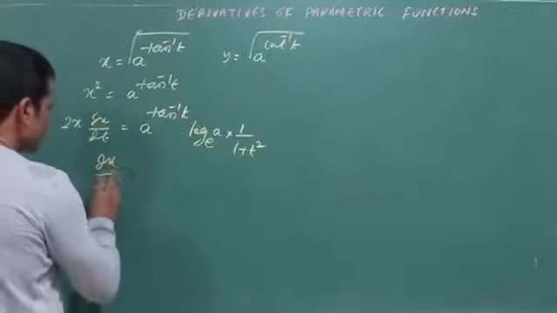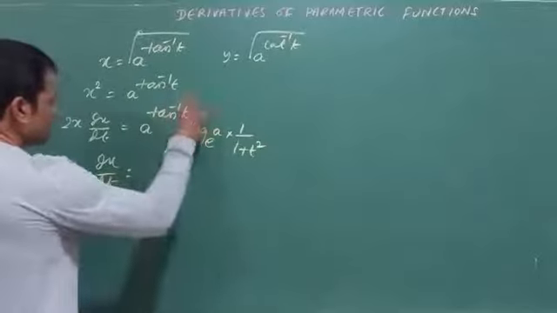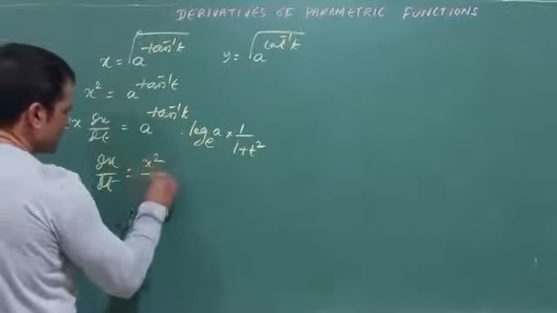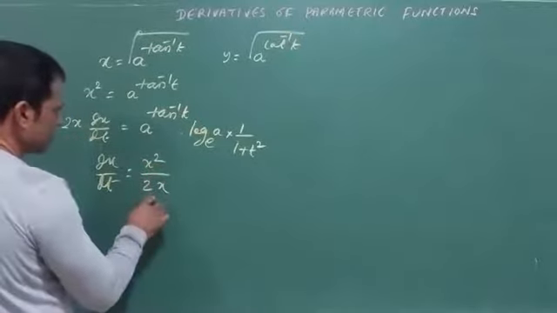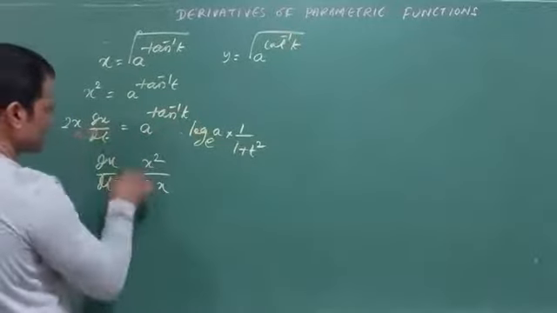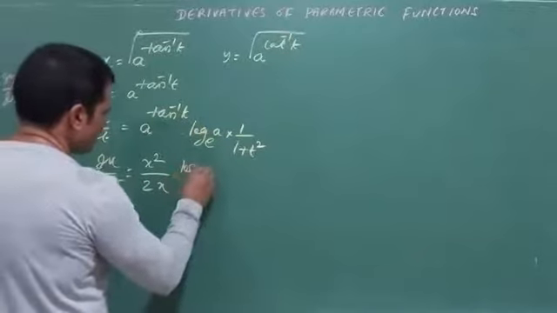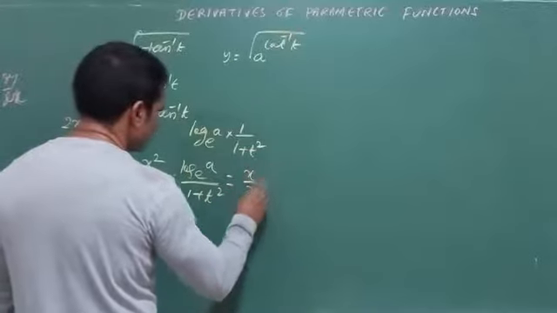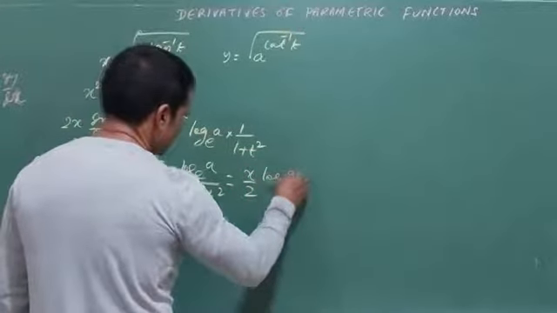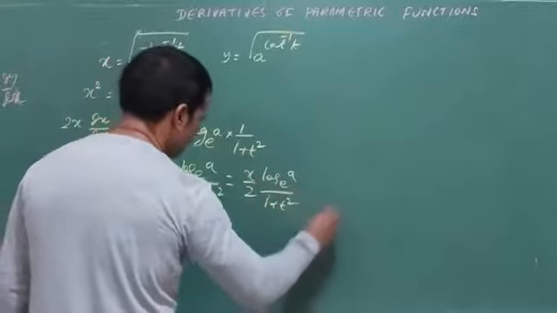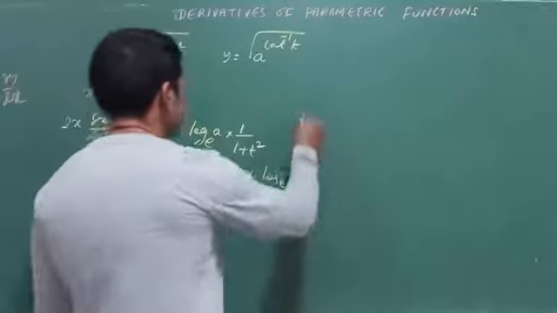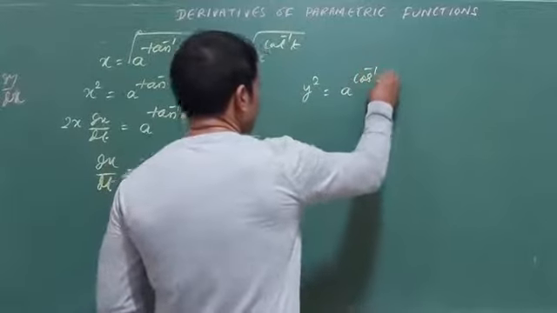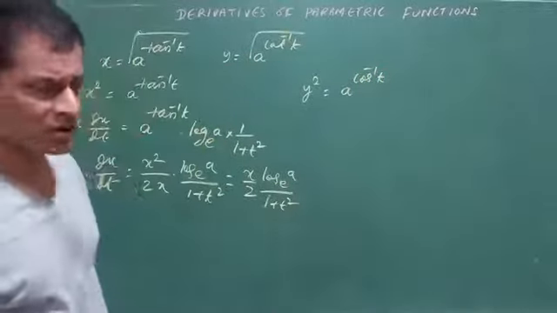So I will get dx/dt, replacing this value by x², divided by 2x. This 2x comes here. That gives you dx/dt = (x/2) · log_e a/(1 + t²). Similarly find y². y² = a^(cot⁻¹ t).